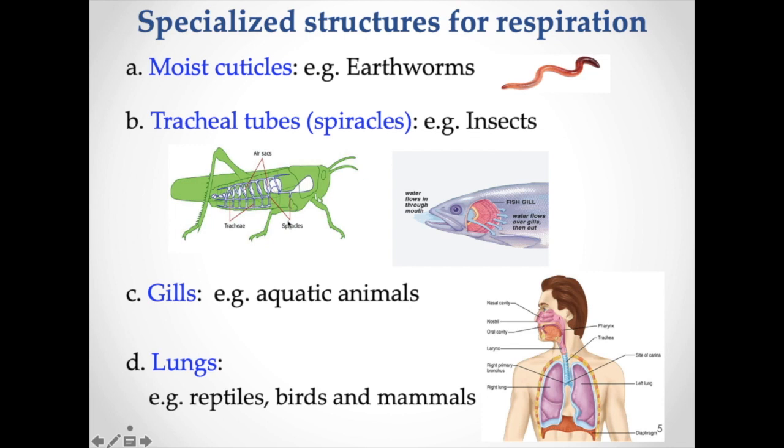Insects have spiracles. Spiracles are pores that are found on the body of insects. They lead to tubes and passages inside the insect. Respiration takes place with the help of diffusion.